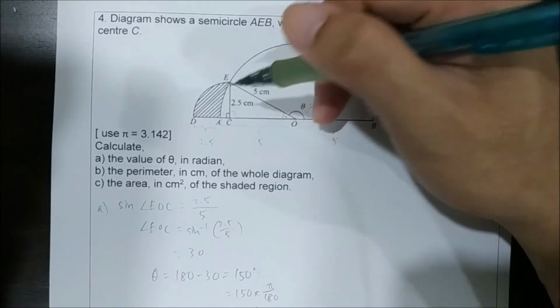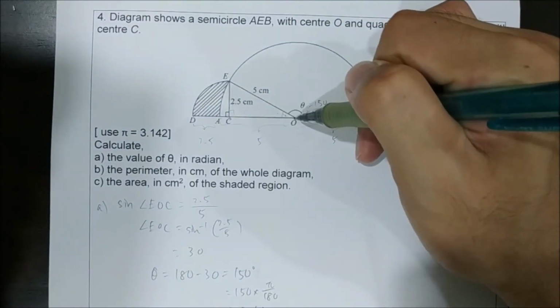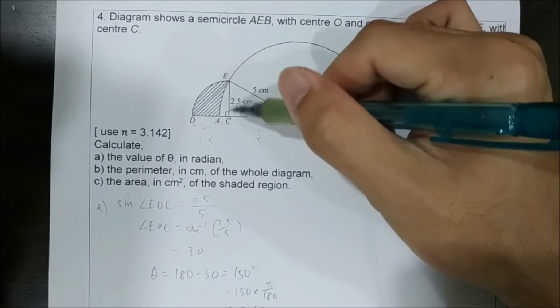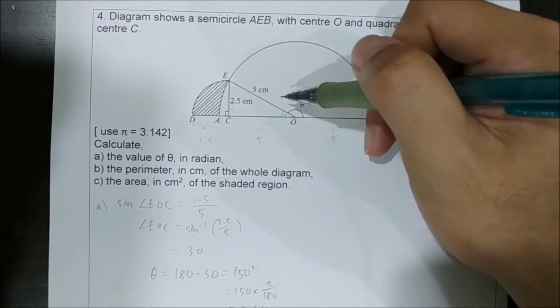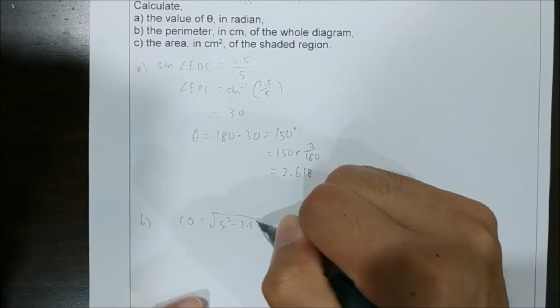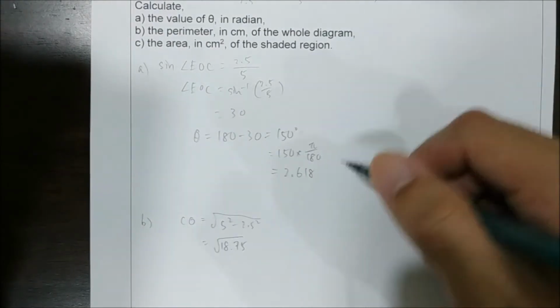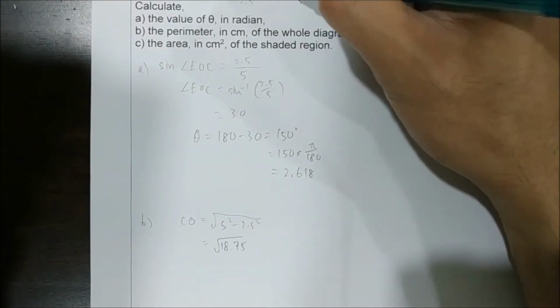So we still need to find the value of CO. To find CO, we just use the Pythagoras theorem. So now we have all these done.